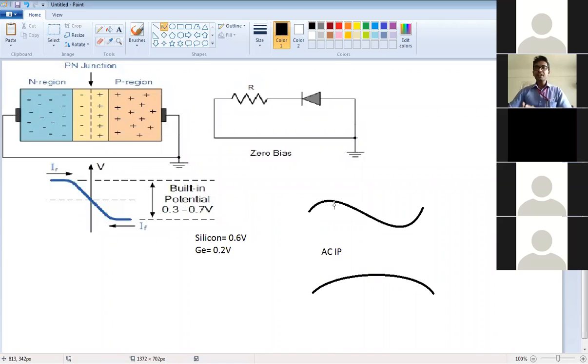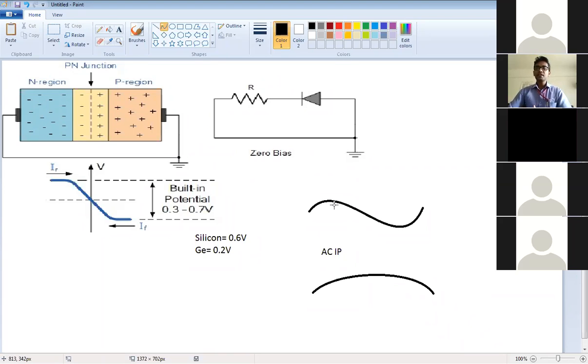So in full wave rectifier, again depending upon construction, there are two types. The first type is when you are using two diodes for converting the AC into pulsating DC, that is called a center tap rectifier. And when you are using four diodes, means four diodes are arranged in the bridge configuration, then that type of rectifier is called a full bridge rectifier.